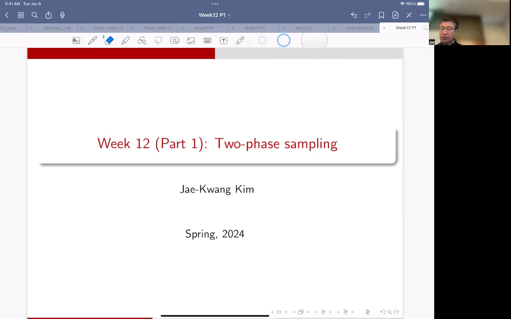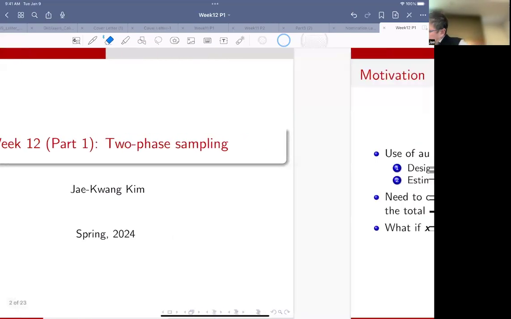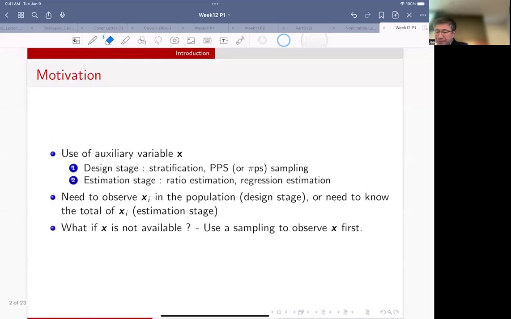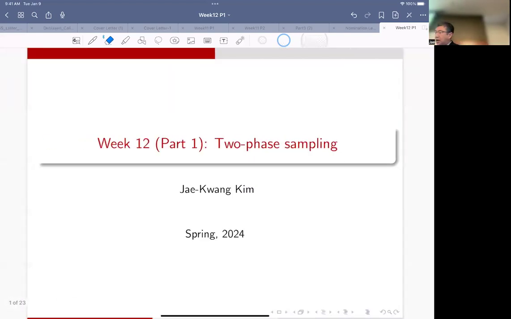Thank you. So two-phase sampling is a very effective way of combining information and achieving cost efficiency. And I personally think that two-phase sampling is really a promising area of research.